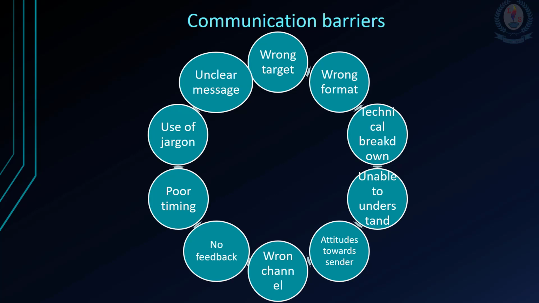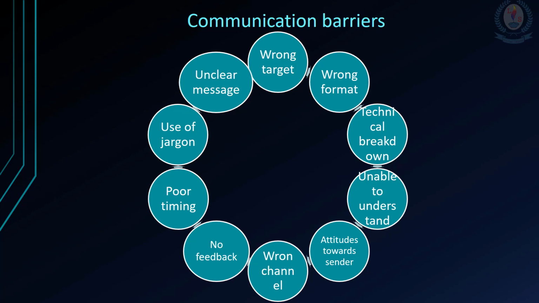Attitude towards sender means we are not trusting what we are receiving, right? Wrong channel means the media we are using to transfer the message is wrong. No feedback means communication always happens to one side, and no feedback is coming.